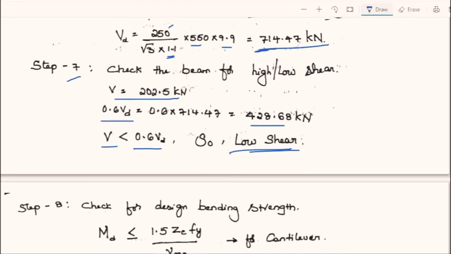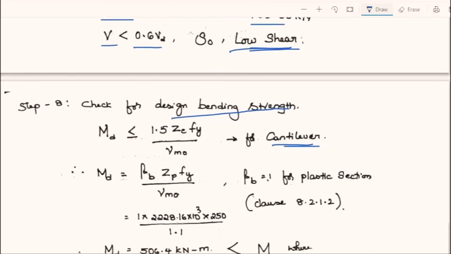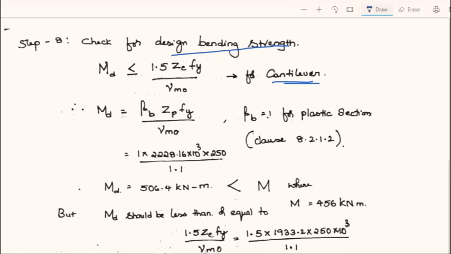So now you have to check for the design bending strength for low shear, for plastic section and also cantilever beam. Remember all those conditions. Once you practice, you will get used to this. So you know that MD is given by beta B ZP Fy by gamma m0 for plastic section.